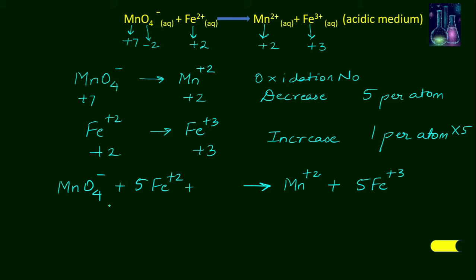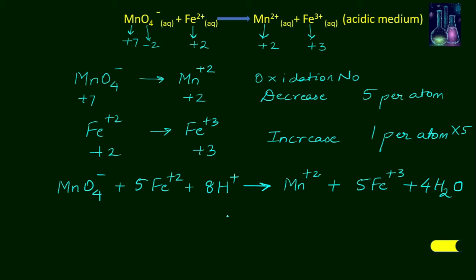Now here the oxygen is not balanced. Now the atoms are balanced but oxygen is not balanced. So to balance oxygen, we put water on the opposite side of the equation. There are 4, so here there are 4 water molecules to be added. And when you are putting water, there are 8 hydrogen atoms. Since the reaction is in an acidic medium, we'll put 8 H plus ions.